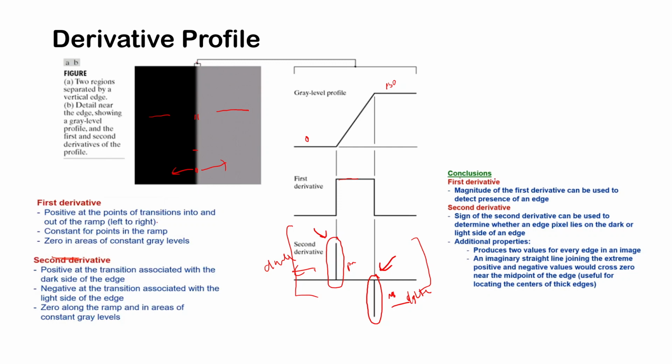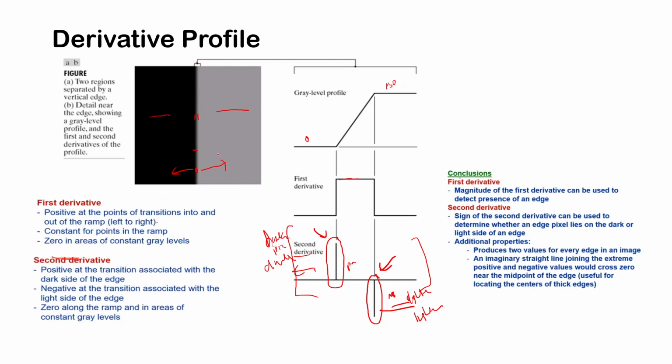So what you can conclude for the second derivative is that the sign of the second derivative can be used to determine whether an edge pixel is on the dark or light side of the edge. Before this one you know it is a dark pixel, and after this one, the negative one, it is always a lighter pixel. So this is the sign of the second derivative. An additional property is that it produces two values for every edge in an image.